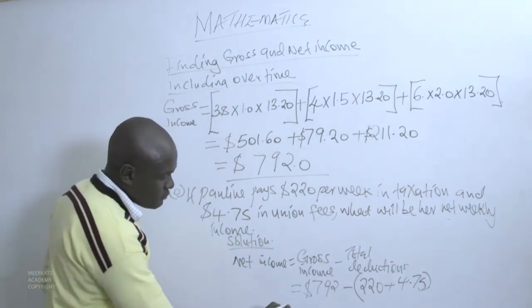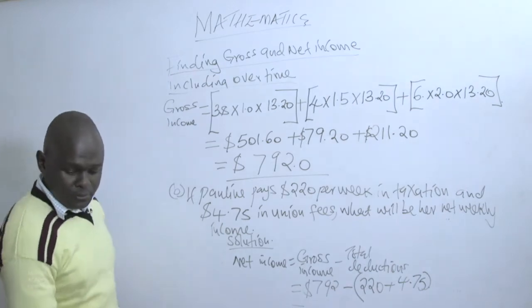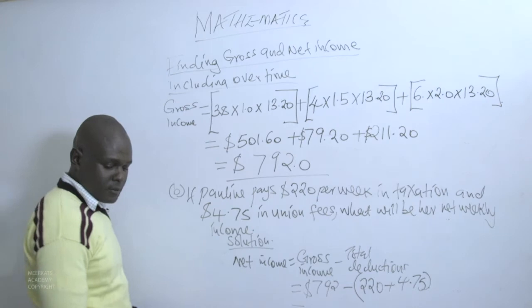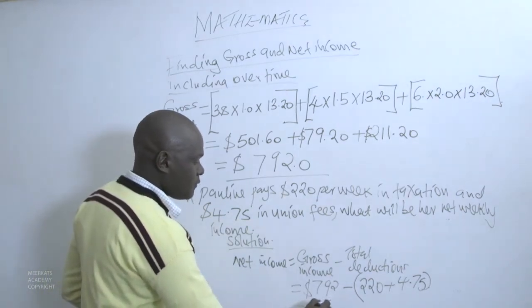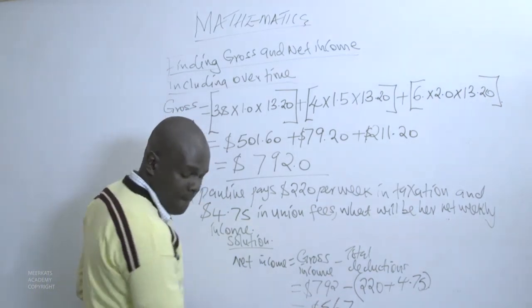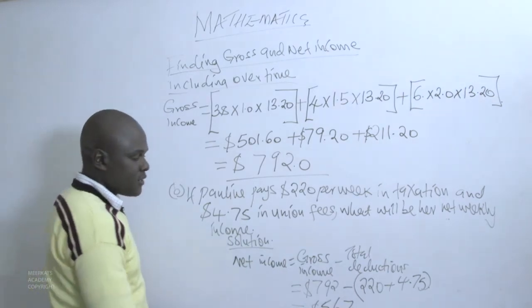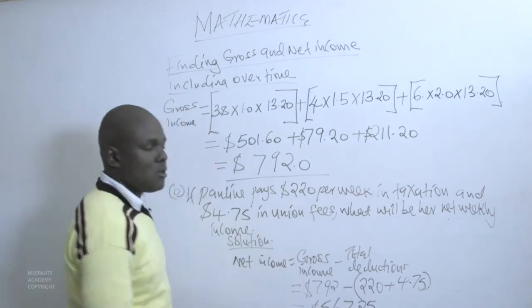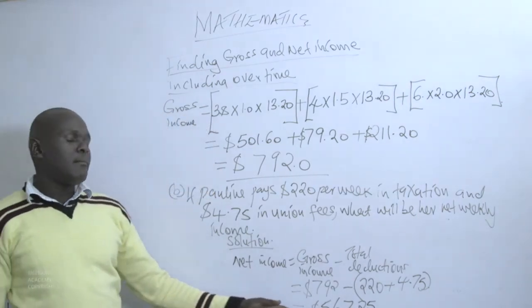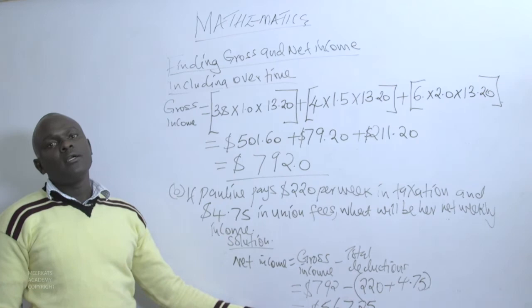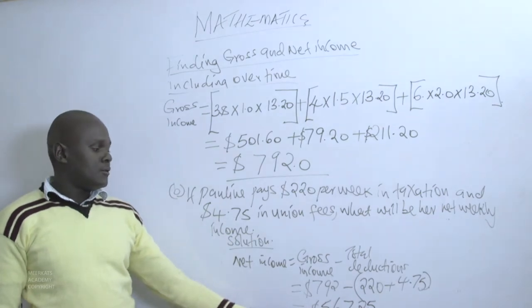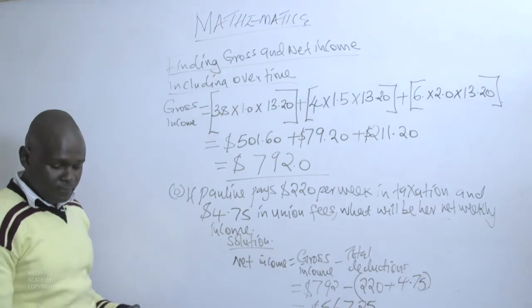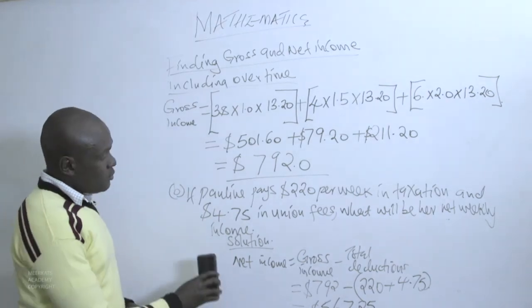When we do this subtraction, we are going to get $567.25. This is the amount that Pauline will make in a week.